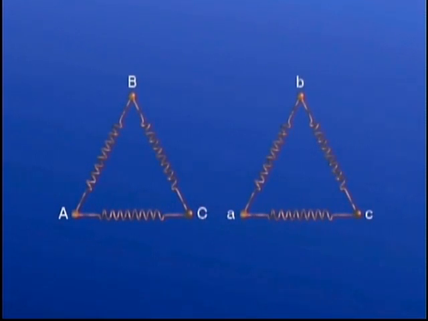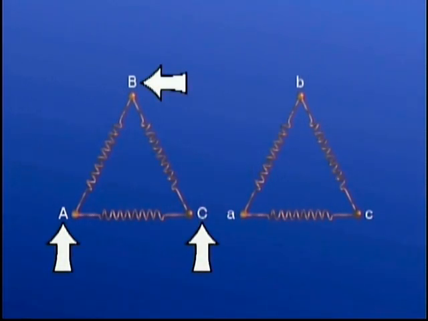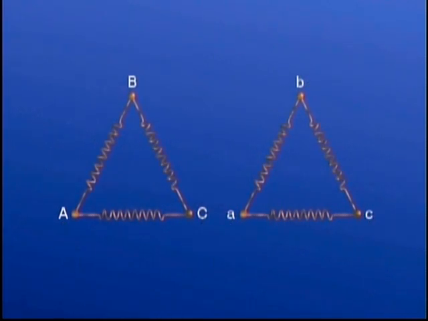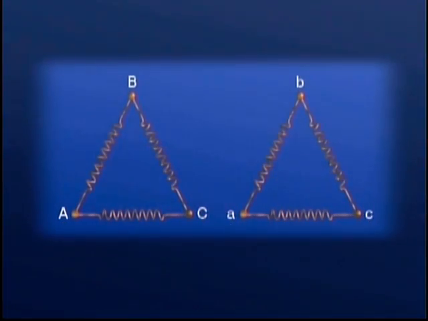In this example, notice that the phasor diagrams are in identical positions. That is, the uppercase letters of the primary phasor diagram, which represent connections to the phases of the primary system, correspond to the position of the lowercase letters on the secondary phasor diagram, which represent connections to the secondary distribution lines. Notice also that in making the connections, we've established a relationship between the ends of the primary windings and the ends of the secondary windings.